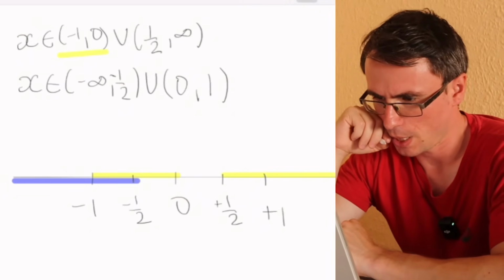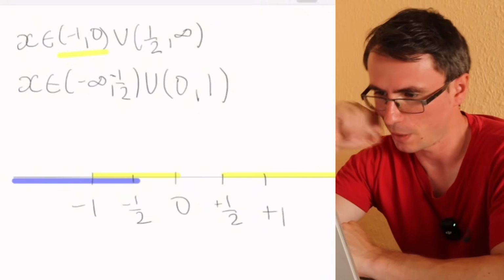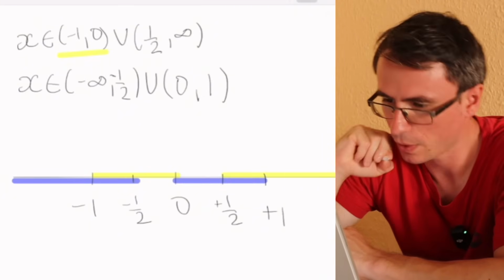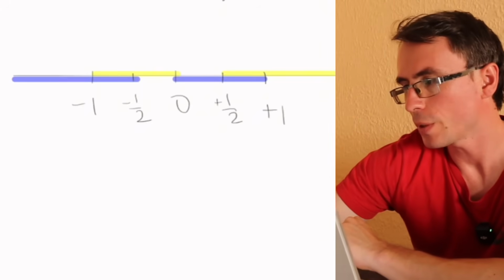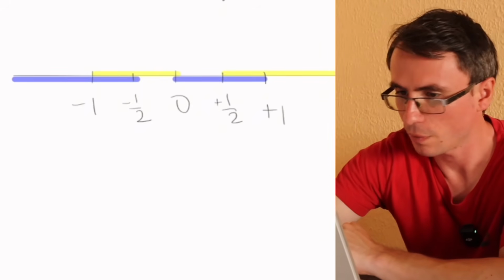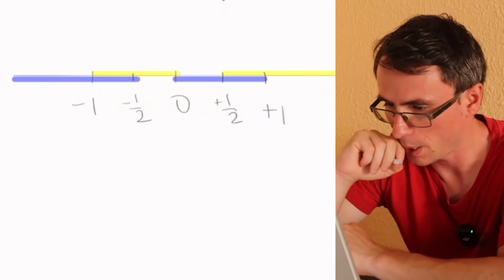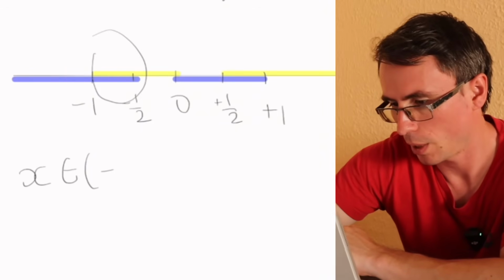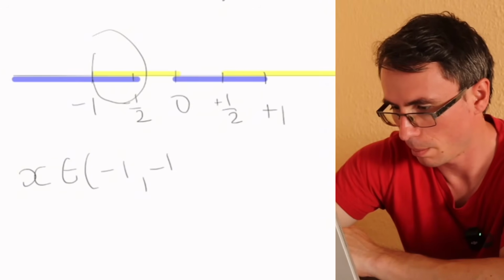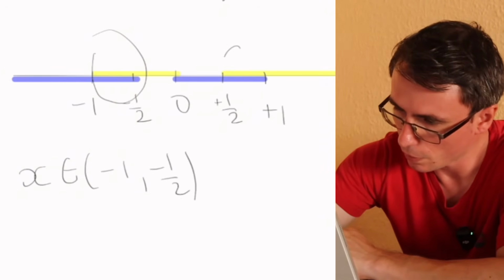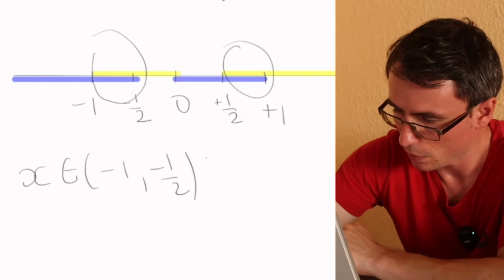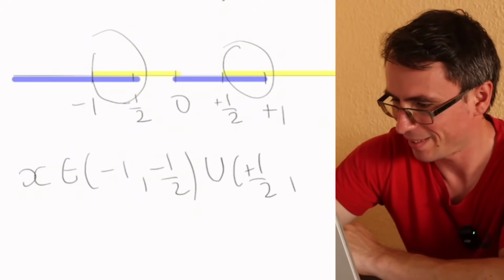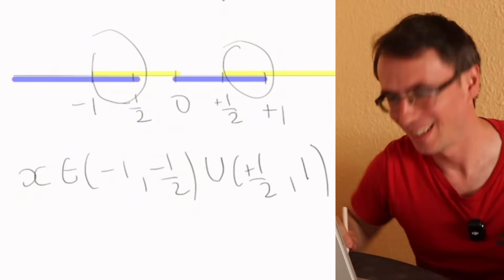And then we have from 0 to 1, like that. So the points at which those intervals overlap are going to be, well, here. So x is going to be between minus 1 and minus 1/2, and also here, which is going to be from plus 1/2 to plus 1. That's pretty cool.